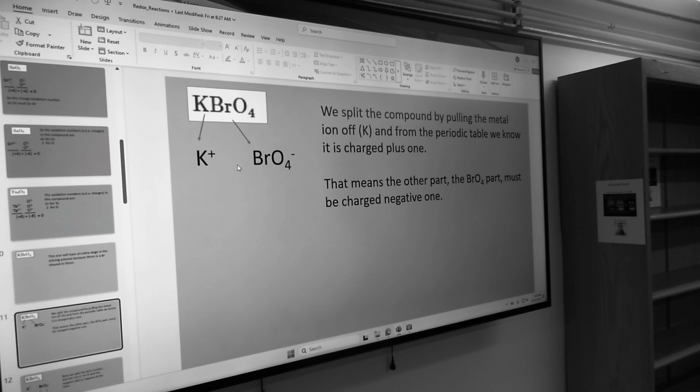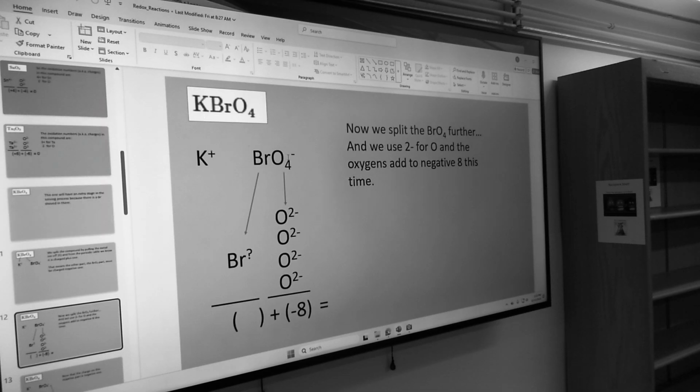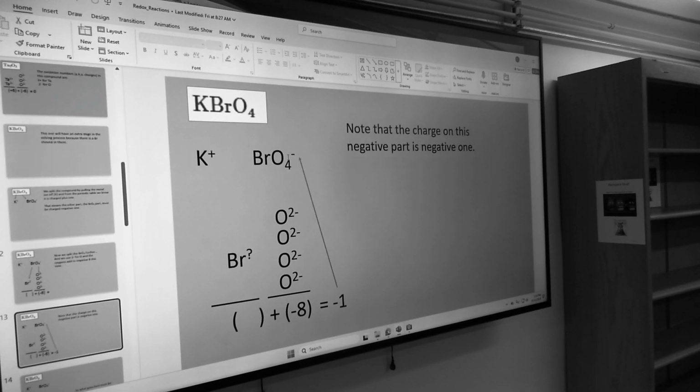But now we could continue to work with BrO4 to figure out the rest of them. Let's see what we got. So oxygen, you can go ahead and assume it's always -2. So there's 4 oxygens there, so they add up to -8. And you remember me saying the charge up there has to go on the right side of the equal sign. So there's a negative up there, so I've got a -1 on the other side of the equal sign. You with me?